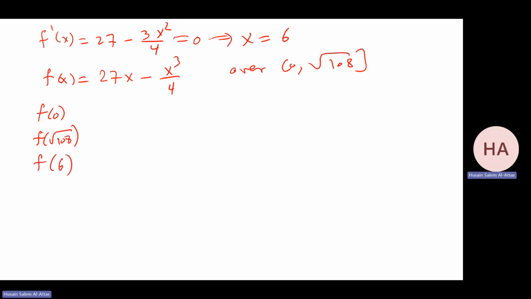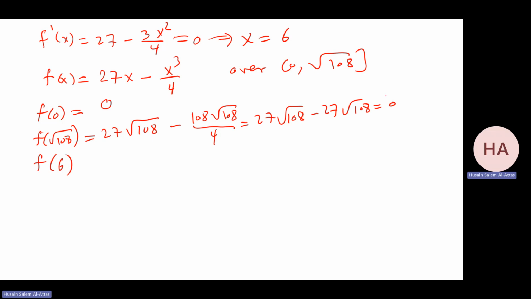The largest will be the absolute max. What is f at 0? That will be 0. F at square root of 108 will be 27 root 108 minus 108 root 108 over 4, which is 27 root 108 minus 27 root 108, which is 0.